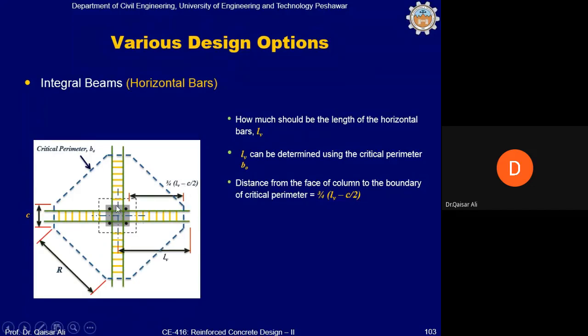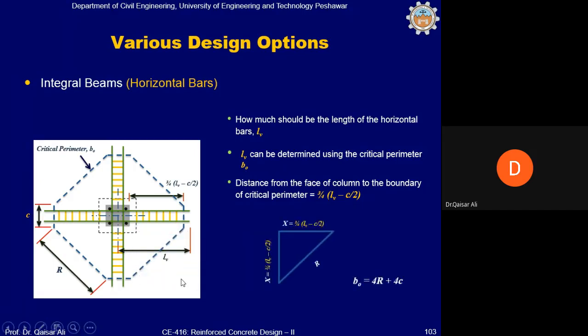Because this total length from the center of the column to the extreme end of this integral beam is Lv, then from the face of the column to this extreme end will be Lv minus C by 2. And for the critical shear perimeter, according to the ACI code, 75% of this Lv minus C by 2 will form one side of this triangle whose diagonal is R, like this.